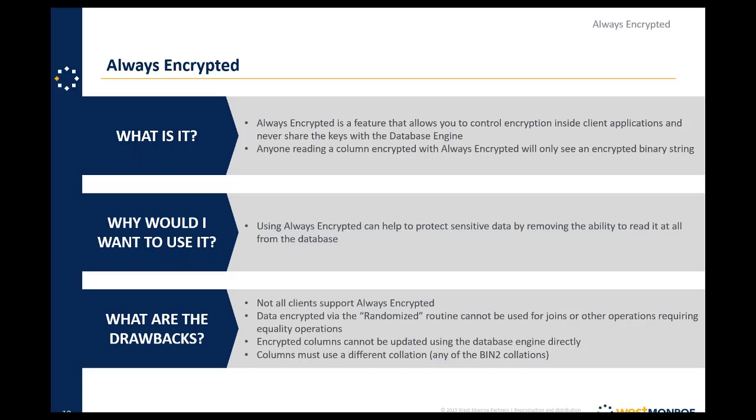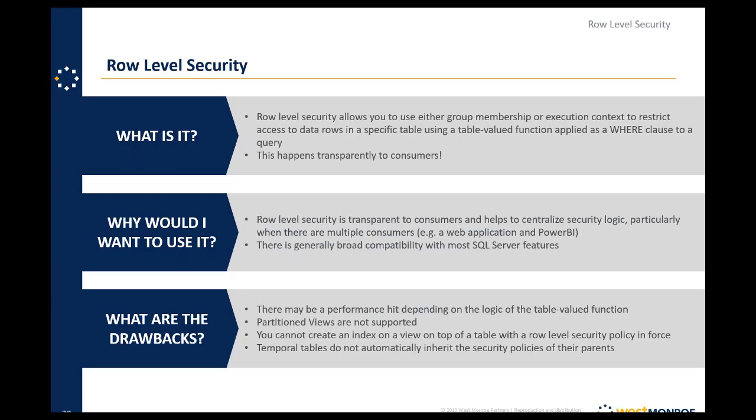So you're taking control away from the database engine, which SQL Server is really good at the things it does, and so this may not be a very good choice. And then the last one is that if you're using Always Encrypted, columns must use any one of the binary 2 collations, and I believe that you have to use the same binary 2 collation on all of your Always Encrypted columns. I do not have a demo for this because I don't think this is actually a particularly useful feature, but it is there, and you may have a use case where it makes sense.